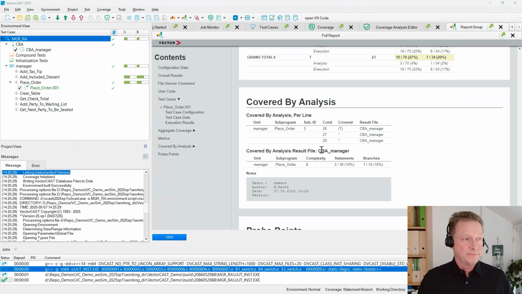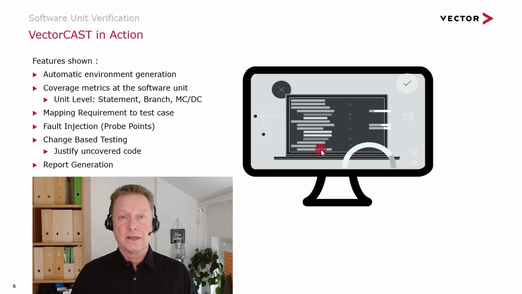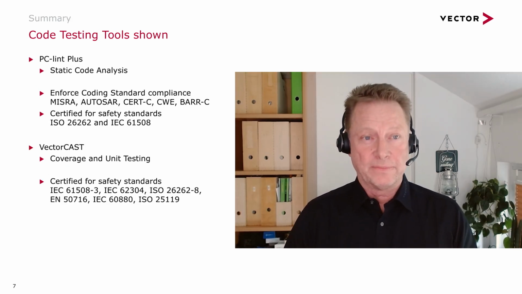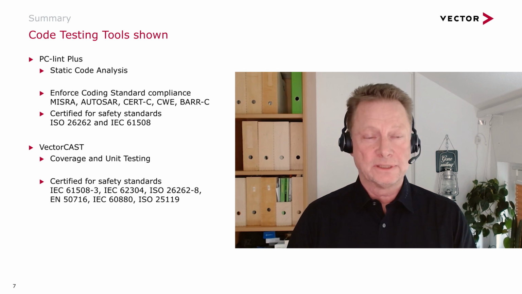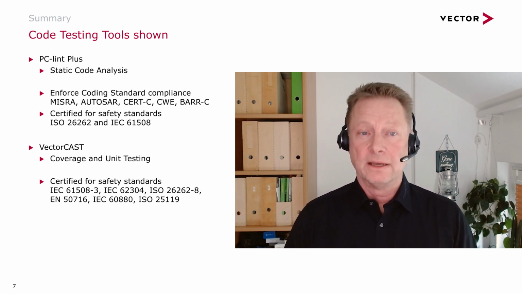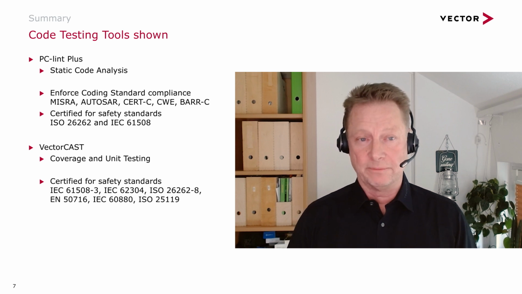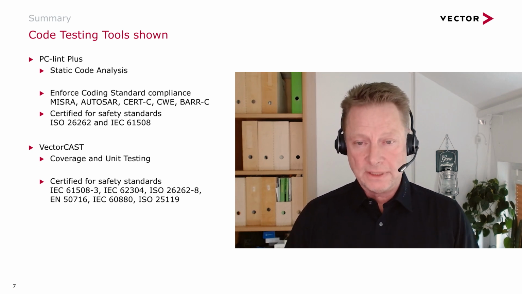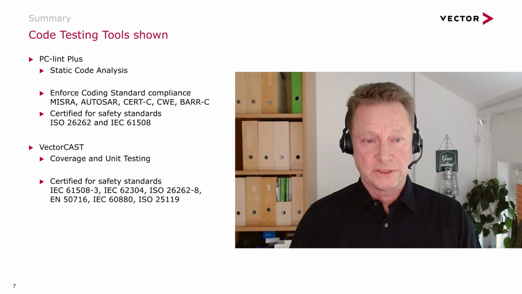So this is actually all for now. Of course, there are a lot more features to be shown, but we do not have that much time. So let's briefly sum up. I showed our code testing tools, PC-lint Plus for static code analysis, enforcing coding standard compliance like MISRA and CWE, and using queries and a metrics feature to introduce user-defined checks.